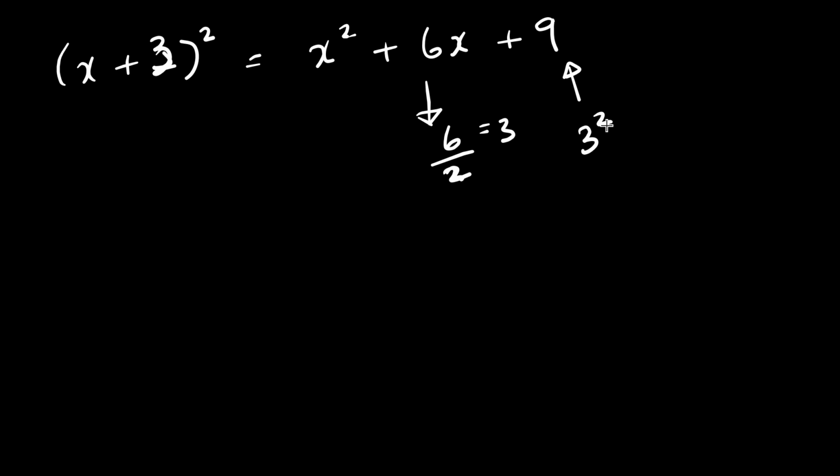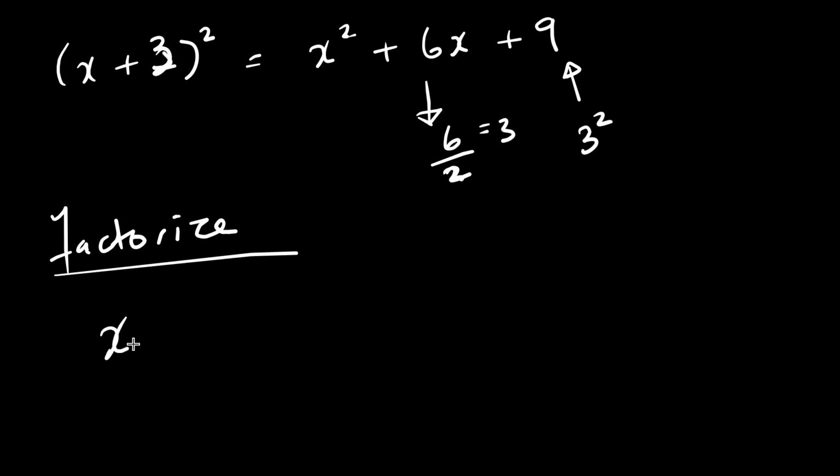So if I had, let's say, factorize as a question, all right, x squared plus, let's go, 10x plus 25. Your job when you get your quadratic is to say, is this a perfect square? Because if it is a perfect square, I can factorize quickly. Cool. I would go, okay, what's half of 10?